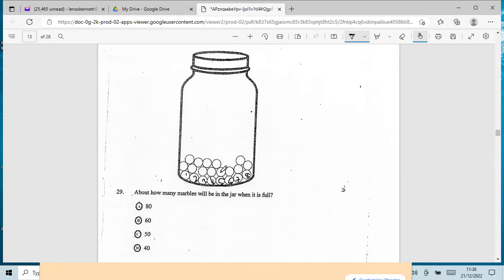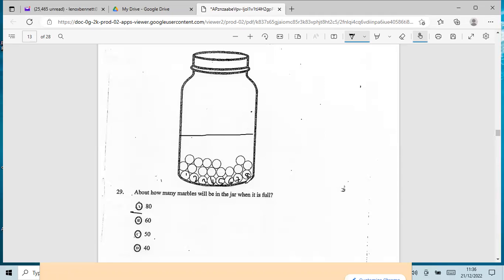So whatever it is, it must be a multiple of 8. 40 is also a multiple of 8. But guess what? If there are 21 in this, that means I want 2 more stacks to make 40. So 40 would be about here. So yeah, I agree, it's 80.